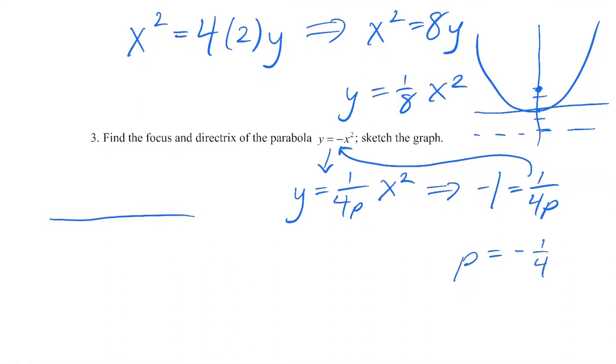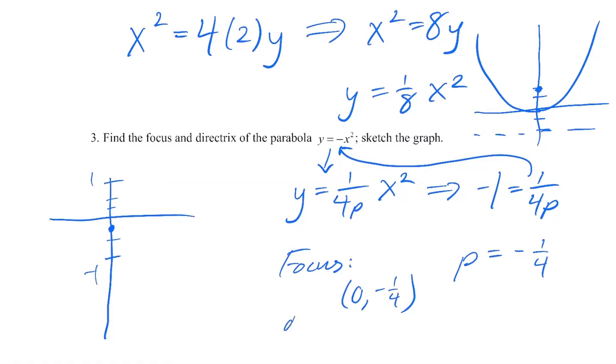So if we were to sketch, because we're opening down, I'm going to do more on this side. Let's say that this is 1, this is negative 1, negative 1 and positive 1. There's a half, and there's a 1/4. So my focus is going to be at 0, negative 1/4, right there.